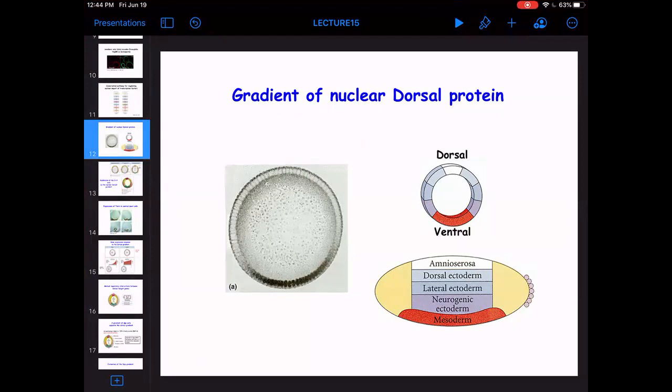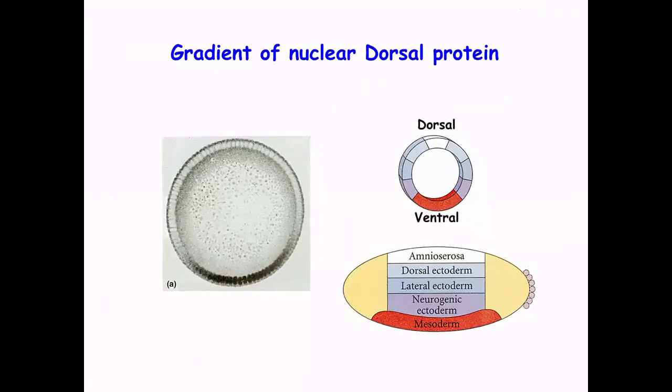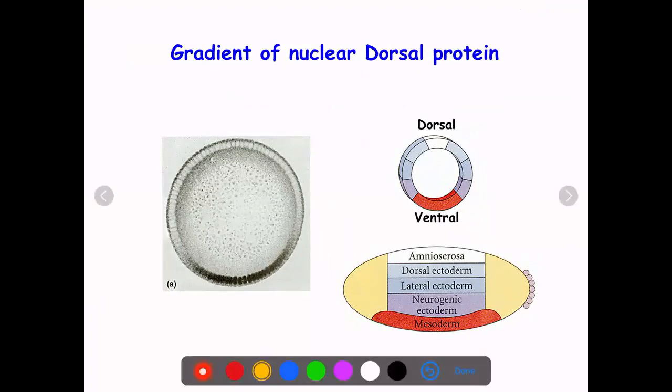Another time showing the gradient of the nuclear dorsal protein. I think that's showing the fate map over here. It is showing nice ventral distribution, and that is contributing to this fate map.